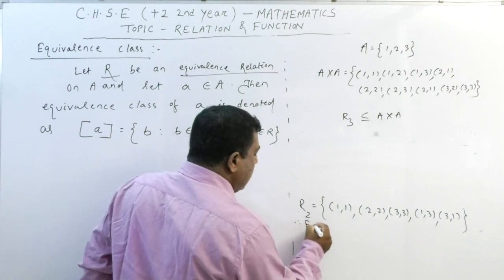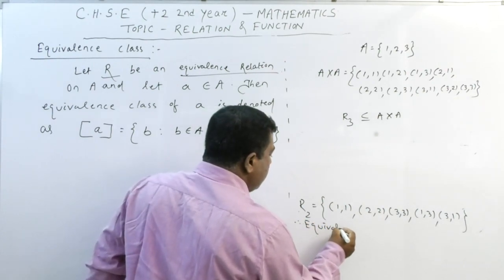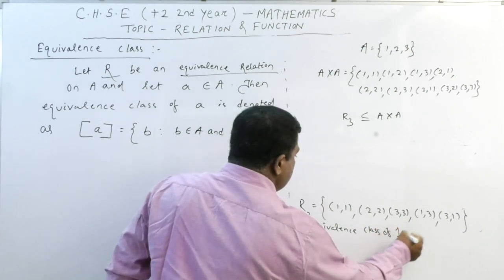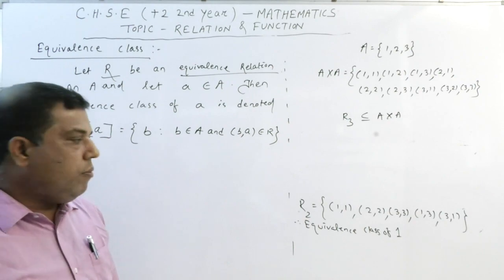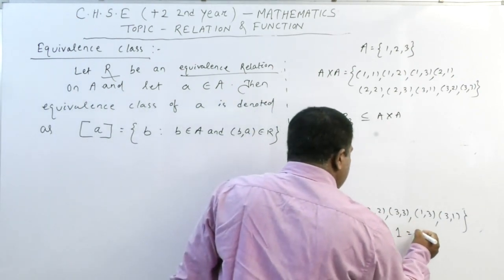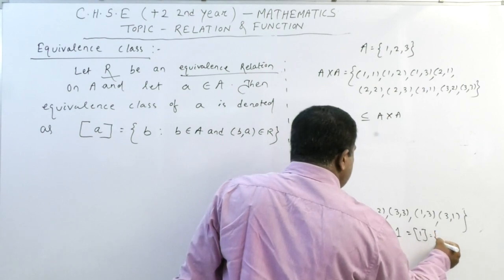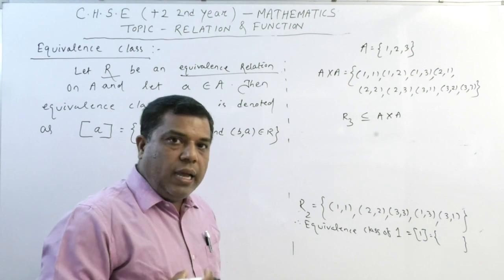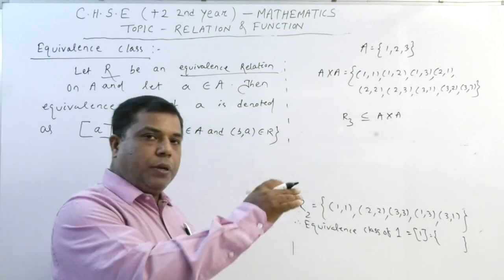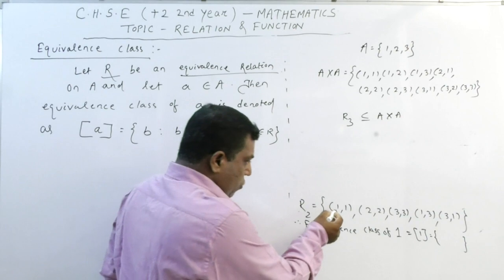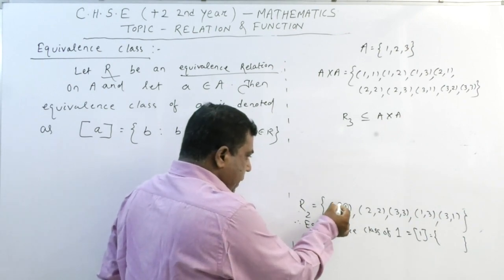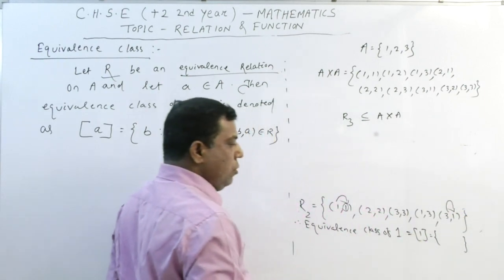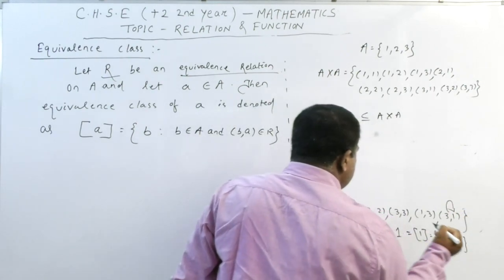Therefore equivalence class of 1 is denoted by the symbol like this, and it consists of those elements that are related with that one in the particular relation. So with 1, 1 is related, 3 is also related with 1. Yes or no? So it is 1 and 3.